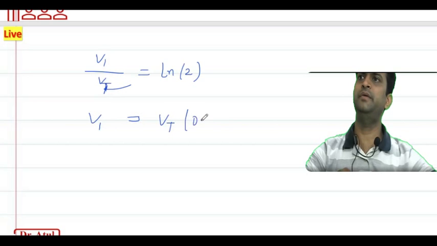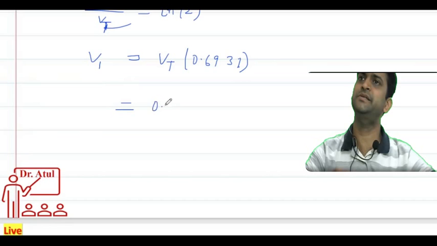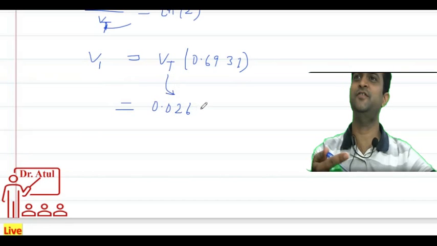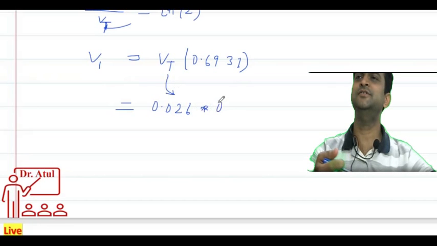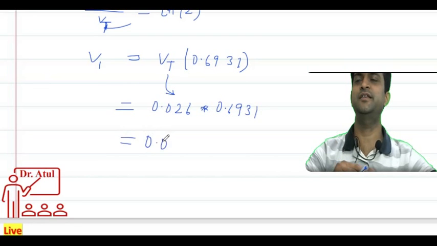So V1 equals Vt times natural log 2. The value of natural log 2 is 0.6931 and the value of Vt is 0.026. Multiplying 0.026 with 0.6931, the value comes to 0.018 volt.